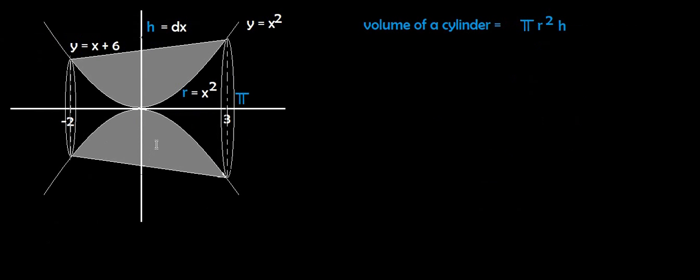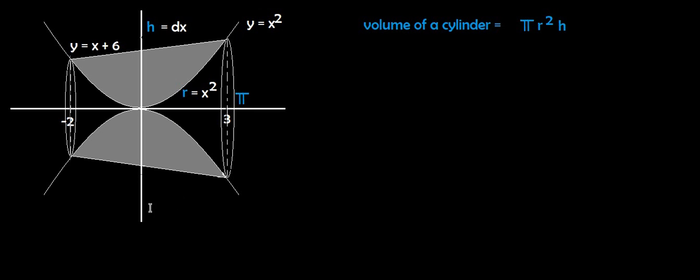In this example, we're gonna find out the volume of the curvature, which is created by revolving the region bounded by y equals x plus 6, and also it is bounded by y equals x square, the same one. So in such case, we need to figure out the volume of the first term first, which is the conical section.